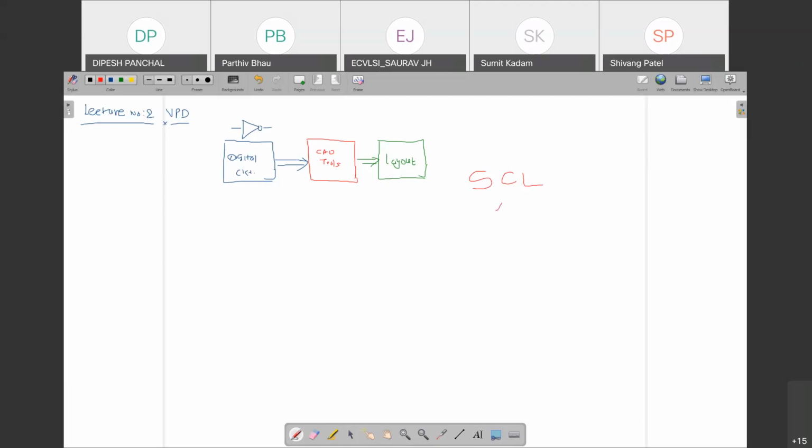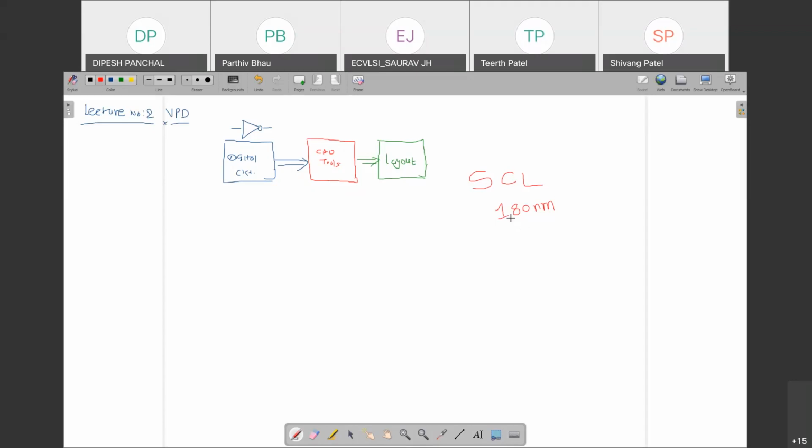This foundry is 180 nm technology. So what is the channel length? 180 nanometer, of course. All the machinery and all the processing is applicable only and only for 180 nanometer.